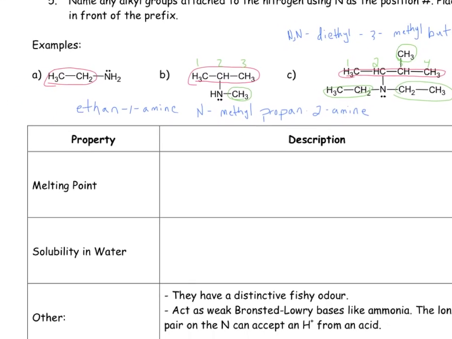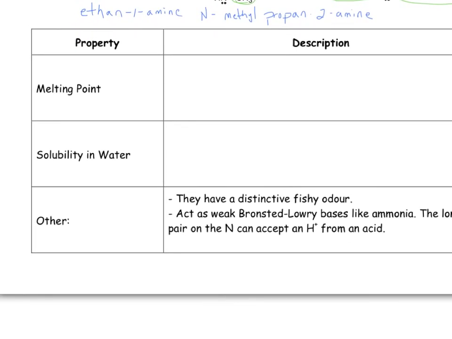Properties of amines. There is a wide range in amine melting points based on what classification your molecule is. If it is a primary amine, it can make 2 hydrogen bonds. If it's secondary, it can make 1 hydrogen bond.